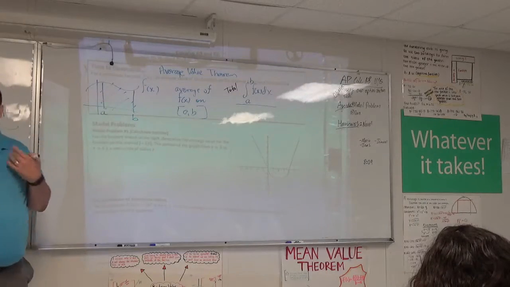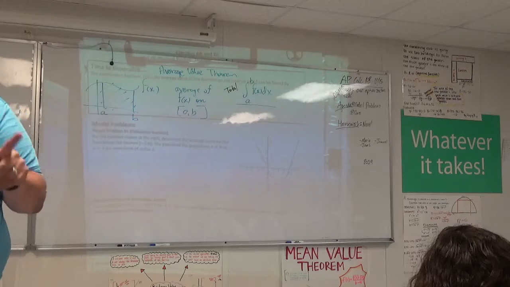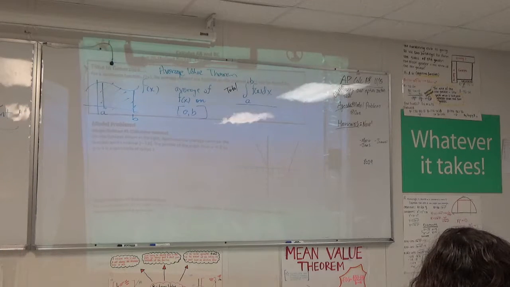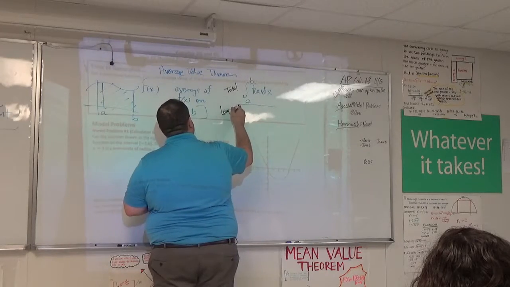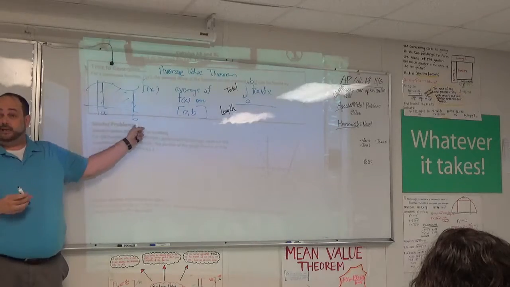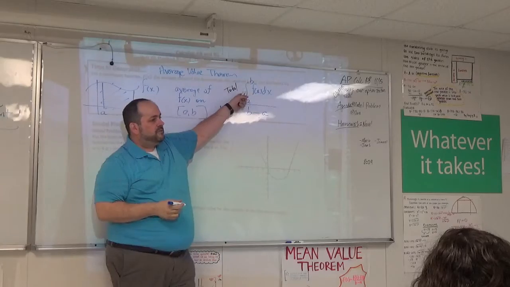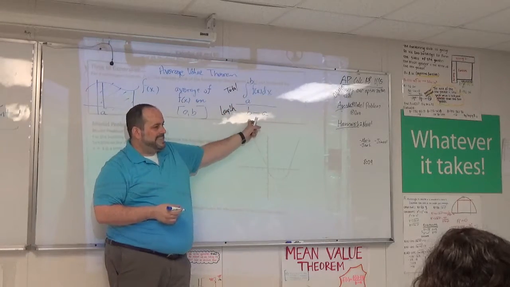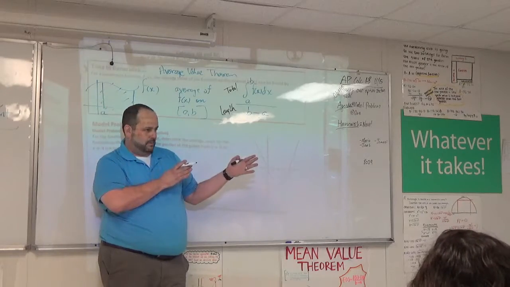You had to divide. What do we divide by? By the length of the interval, by how much time it took him to eat all the M&Ms. So we take the total and divide by the length, b minus a. You find the total for the function on the interval and divide by the length of the interval, and that gives you the average. Hopefully that makes sense. Just think about that M&M example.